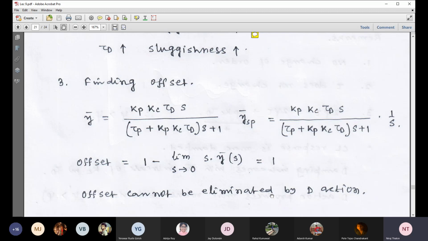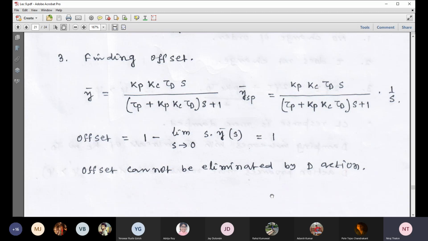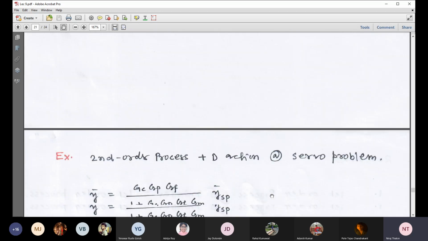So it is clear that offset is not eliminated by derivative action. Offset cannot be eliminated by derivative action.